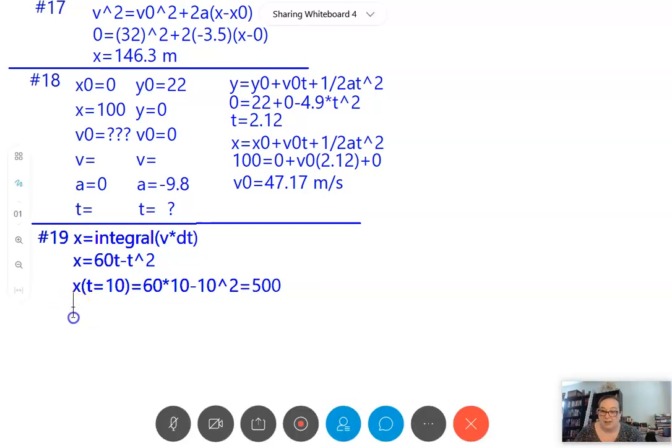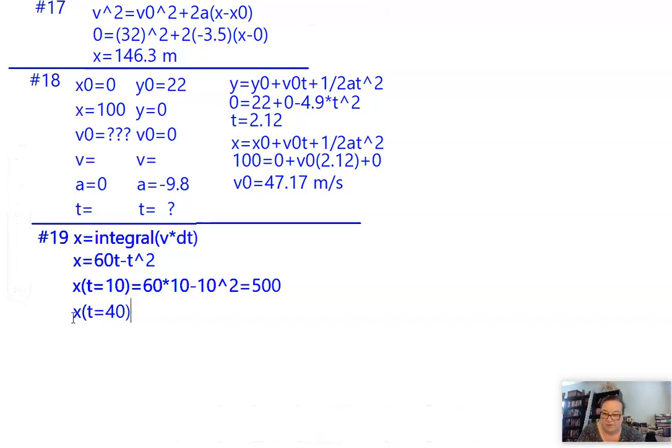And our x at t equals 40 is going to give us something like 60 times 40 minus 40 squared. So that's 2400 minus 1600. So that looks like what? It looks like 800. Did I do that right?